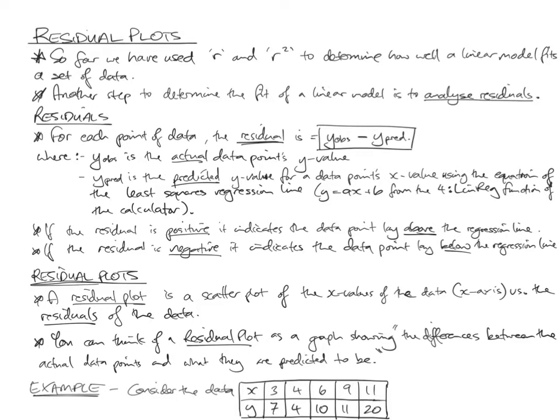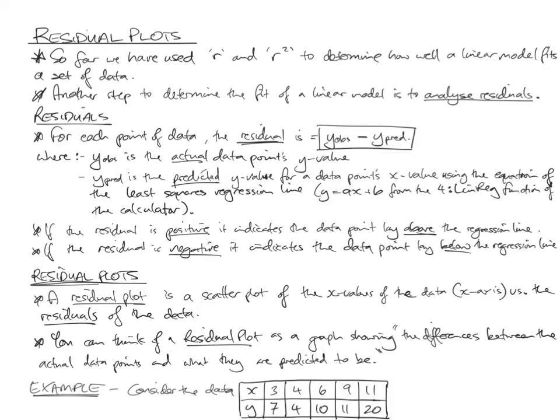One thing to notice is that because you are taking away the predicted from the observed y value, if that residual is a positive number, it indicates that the data point is actually lying above the regression line. If the residual is negative, then it indicates that the data point is lying below the regression line.